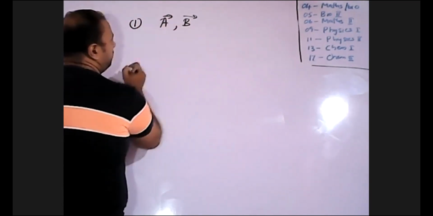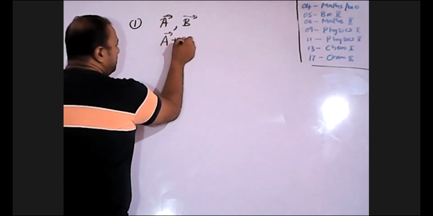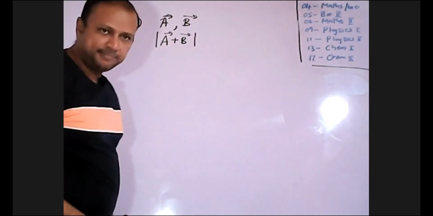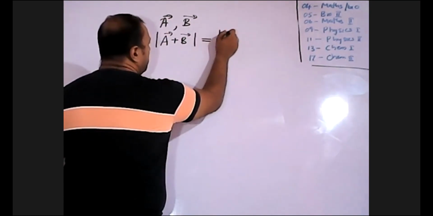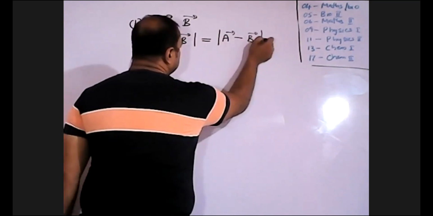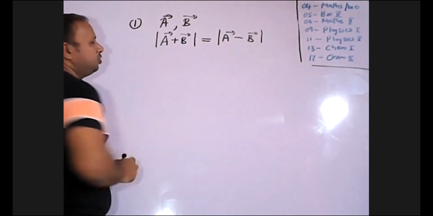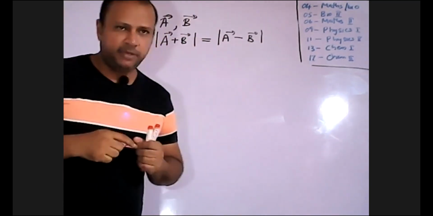Then suppose the modulus of A plus B is equal to the modulus of A minus B. Then you are asked to find the angle between A and B.